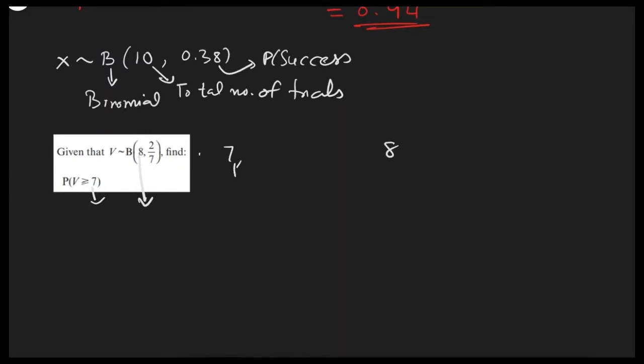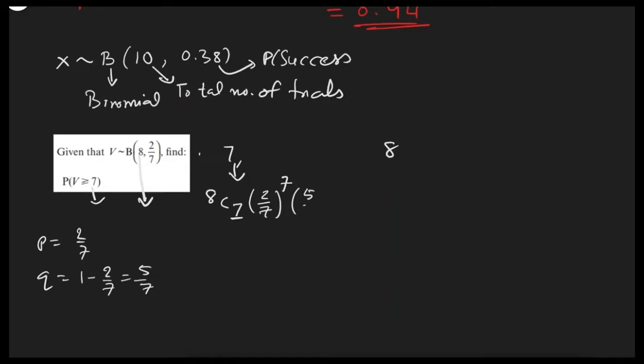So let's write 7 successes first. The total number of trials is 8. We want 7 successes. Then the probability of success is 2 over 7 to the power 7, since the exponent should match the number of successes. The failure, if success p is 2 over 7, then q will be 1 minus 2 over 7, which is 5 over 7.